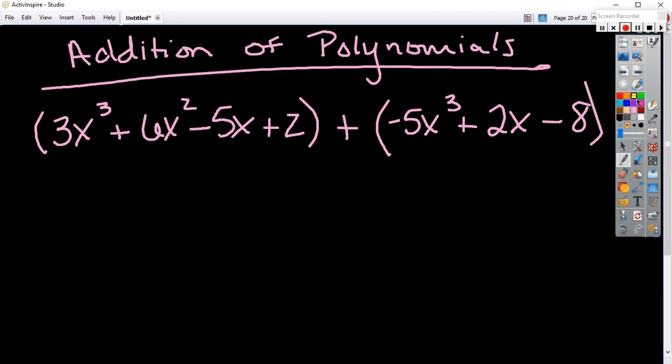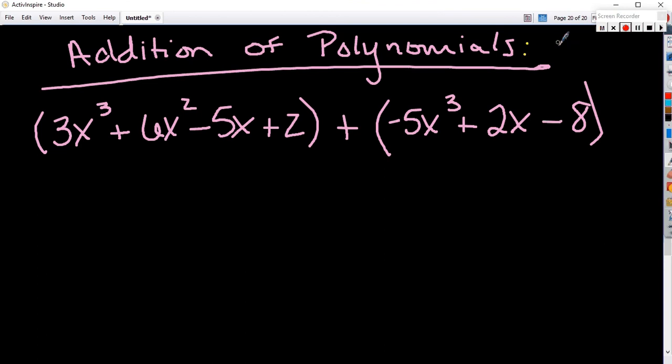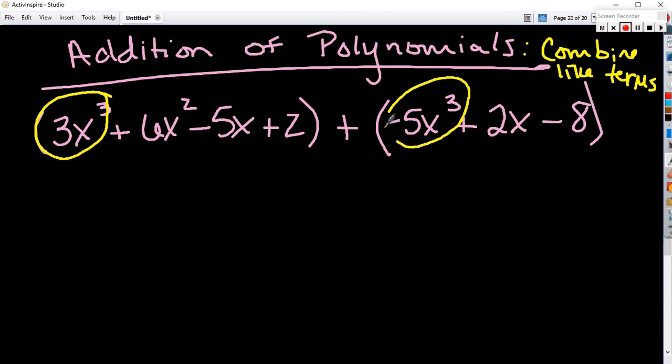All you have to do when you see that addition sign in the middle is combine like terms. Now, it's a good idea to keep your exponents in order, okay? Start with the biggest one and work your way down. So the biggest exponent here is 3. So 3x cubed goes with which other term? Negative 5x cubed.